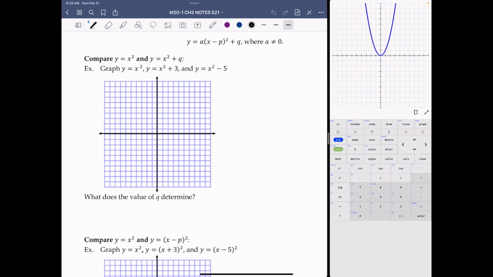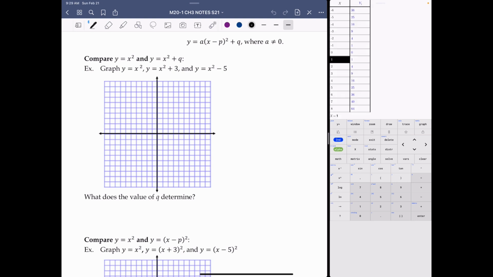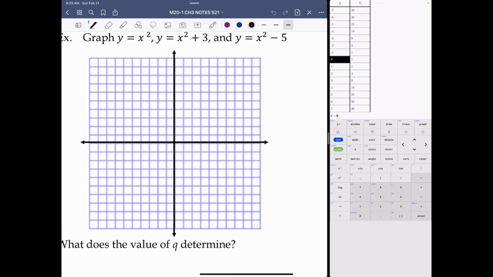We could also make a table of values or use the table from our graph. To get to the table for TIs, do second graph, and for Casios, go menu and then graph, and then F6 for table. So we have a point at 0, 0, which makes sense.